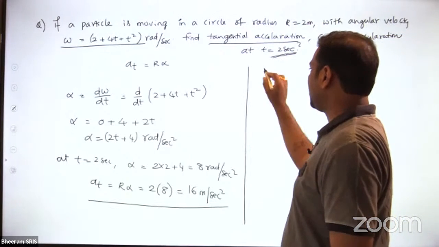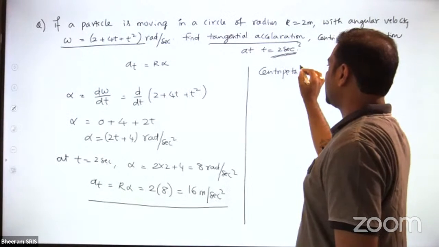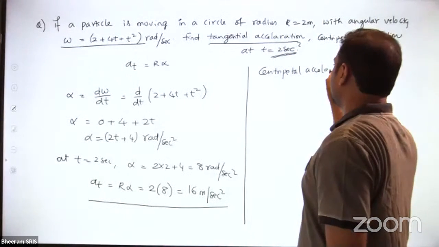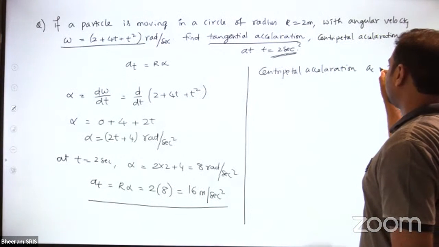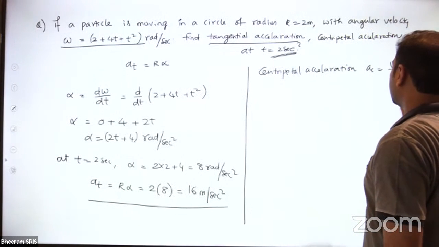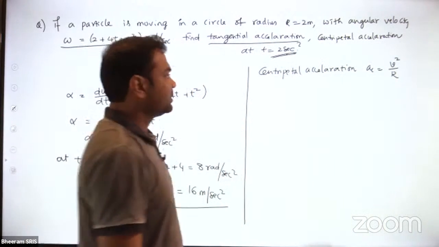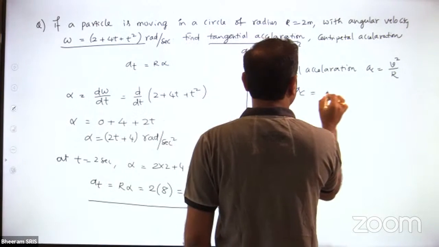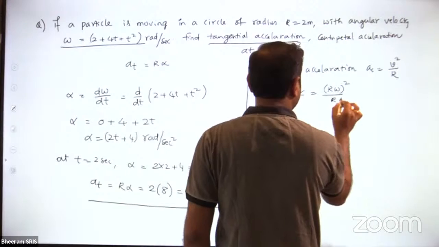Similarly, what is the centripetal acceleration? Centripetal acceleration I can find out. Centripetal acceleration is v square by r. Centripetal force is m v square by r. Centripetal acceleration is v square by r. So I can modify this in terms of omega. In place of v, I can write (r omega) whole square by r.